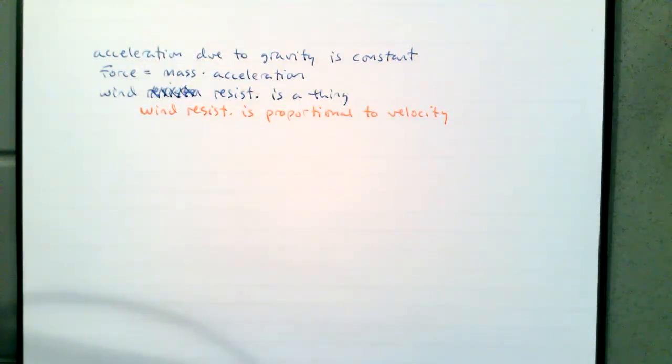So we get force is mass times acceleration, and wind resistance is proportional to the velocity. And that's a force too. Acceleration due to gravity is constant. Force is mass times acceleration. Acceleration is a second derivative.